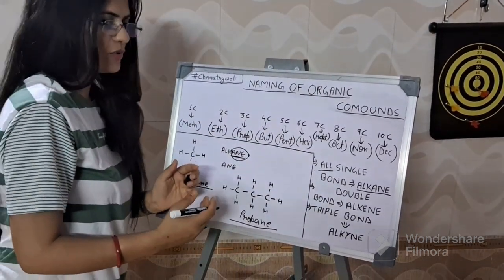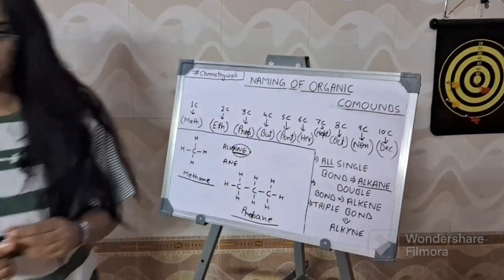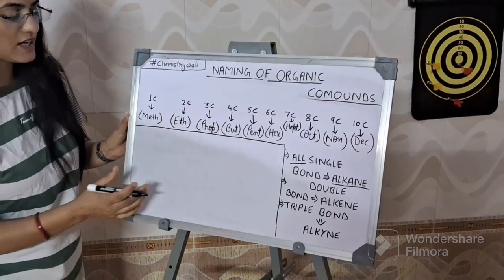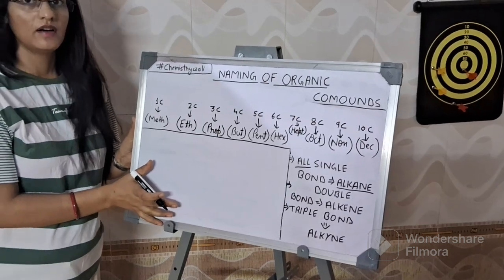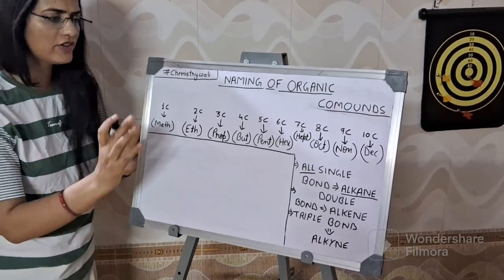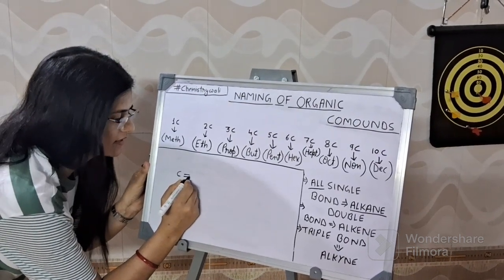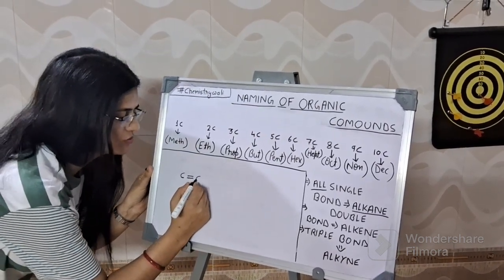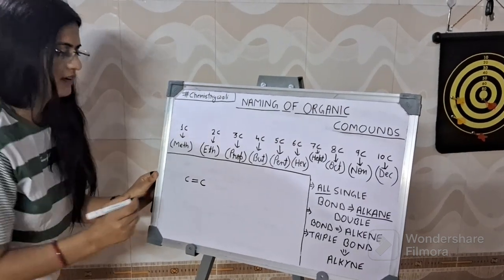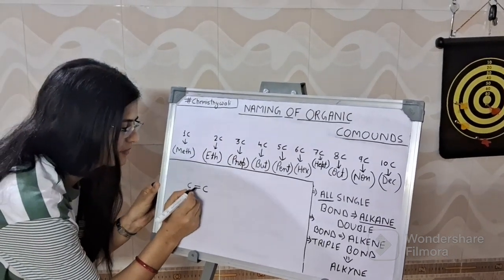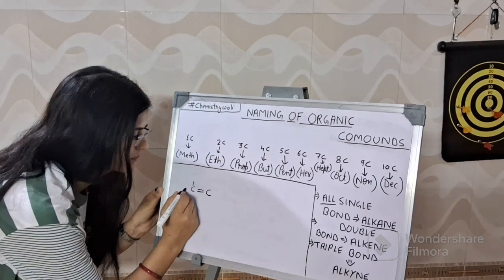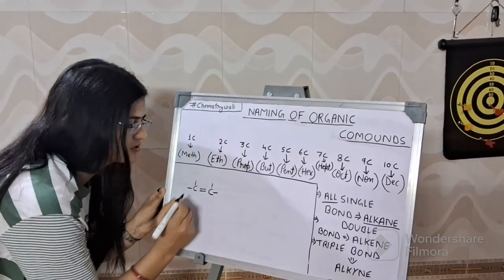Okay, let's take one more example. The last 2 examples were related to single bonds. Now what will happen if double bonds are there? See, 2 carbons are there. For a double bond, we need 2 carbons. Now, 2 valencies will be completed here, 2 more, same for this carbon also.